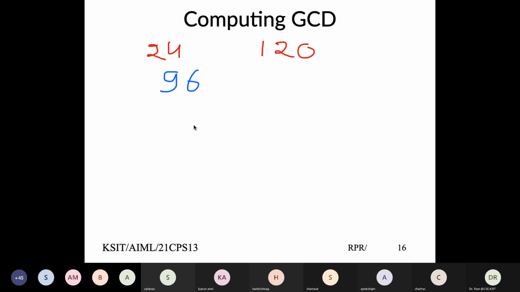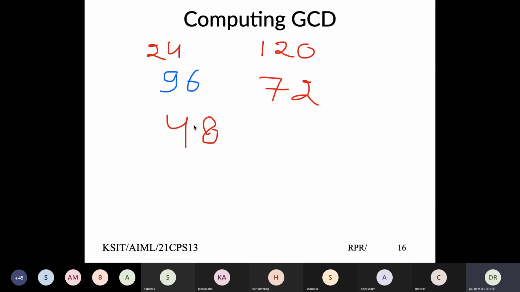72. What could be the next number you can write? 48. What is the next number you can write? 24 is already there. 14.